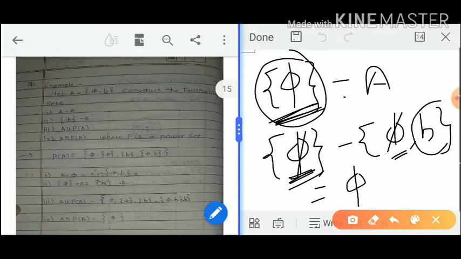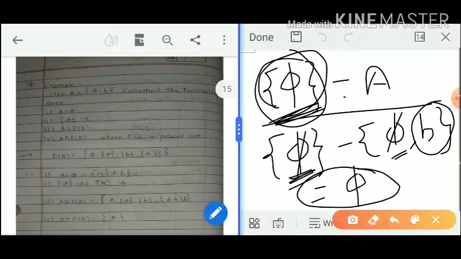Okay, B is an extra element of A, but here {phi} minus A has only a single element, so the answer is phi. Since this element is also in set A, the answer is the null set, phi, or these braces.